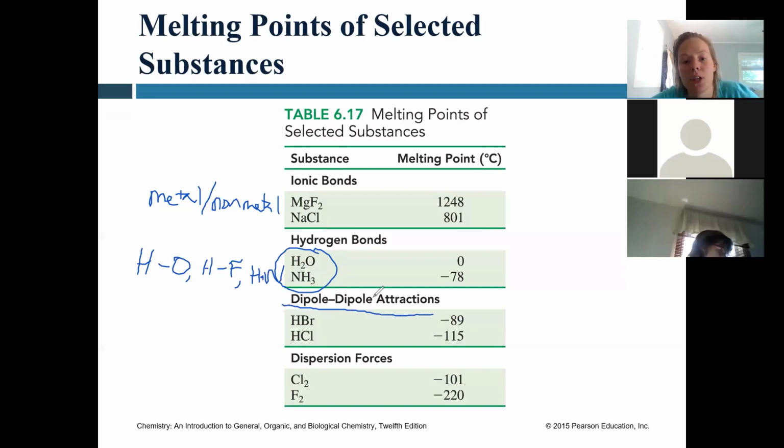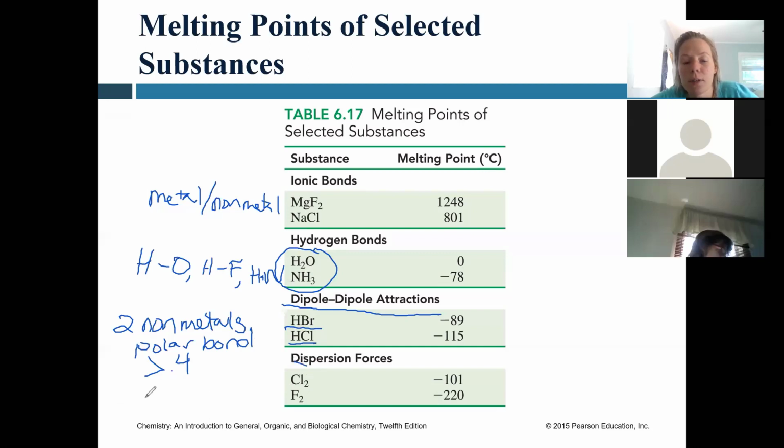A dipole-dipole attraction is two nonmetals, and it has to be a polar bond, or a situation where the difference in electronegativity is greater than 0.4. So H and Br, HCl, we wouldn't classify these under this field because it's not hydrogen with one of these things here.